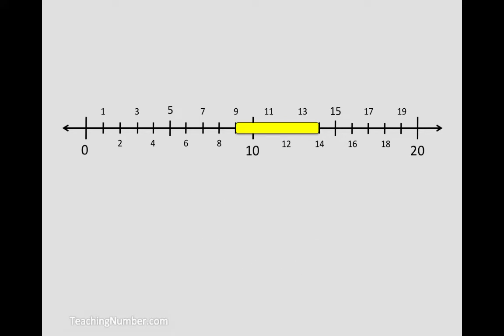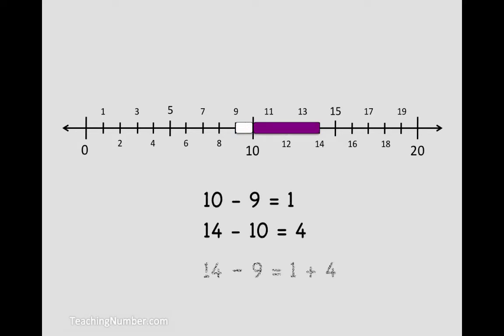The distance from 9 to 10 is 1, and 14 means 10 and 4, so I automatically know I need 4 more to get to 14. So the distance from 9 to 14 equals 1 plus 4, which is 5.